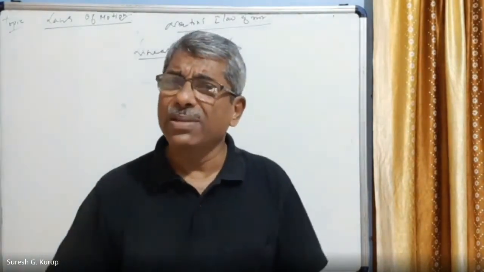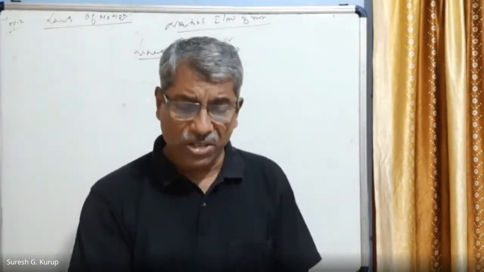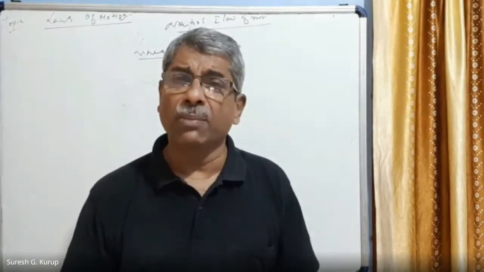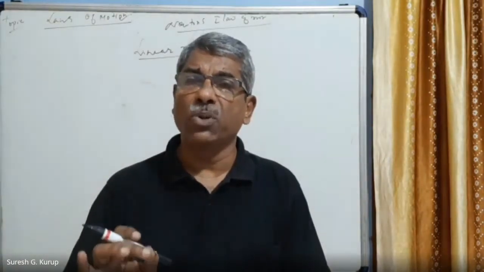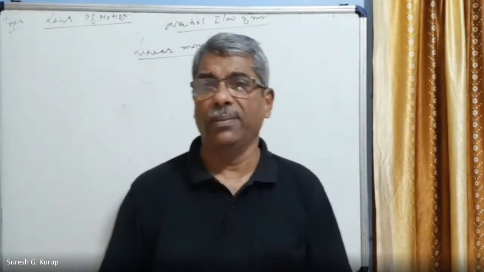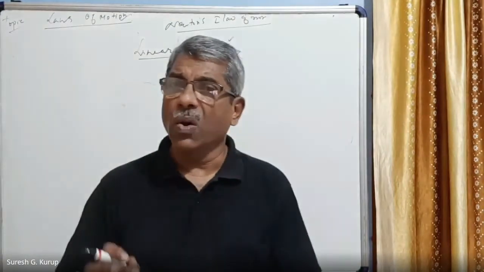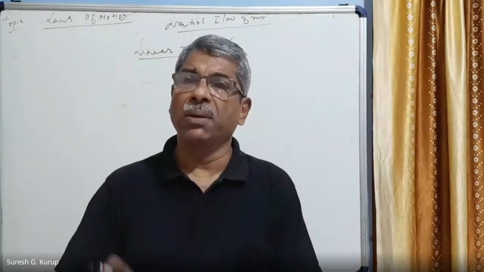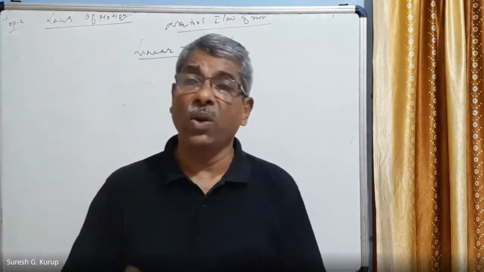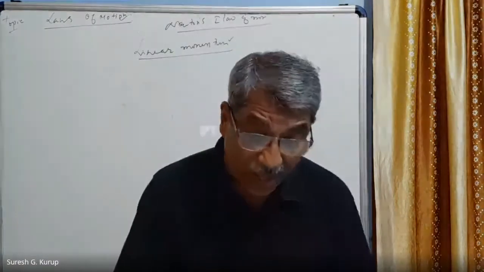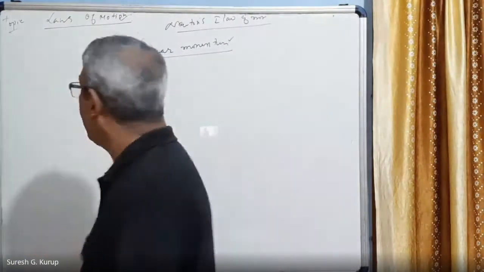I will change it a little bit. Linear momentum is the quantity of motion possessed by a body. It is measured as the product of mass and velocity of the body. It is denoted by the letter P.